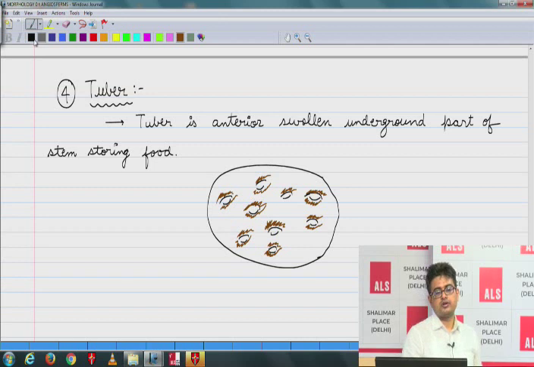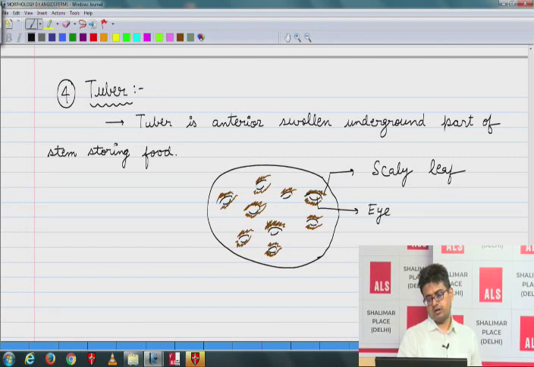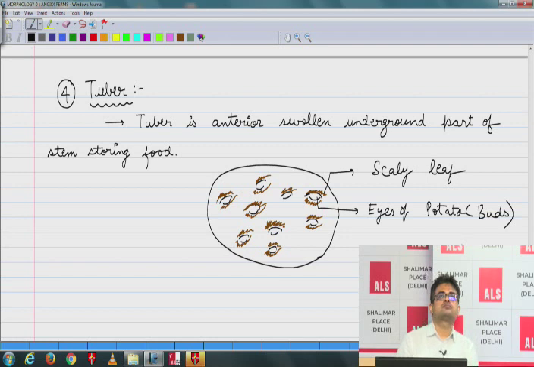Let us label it quickly. Eyes of potato. They represent buds, dormant lateral buds. Okay. So let us write this quickly.